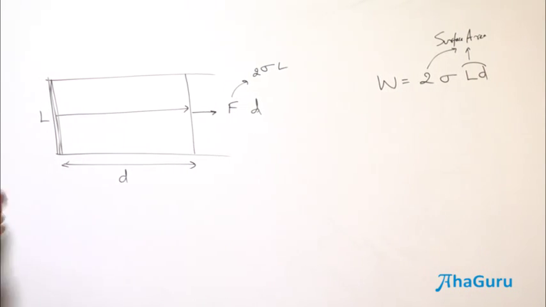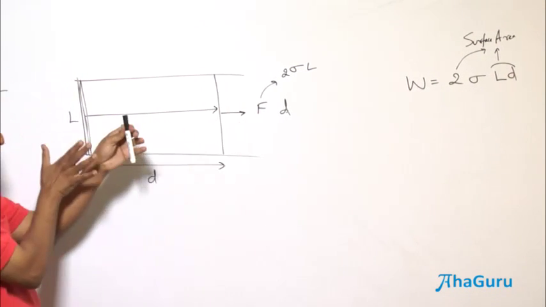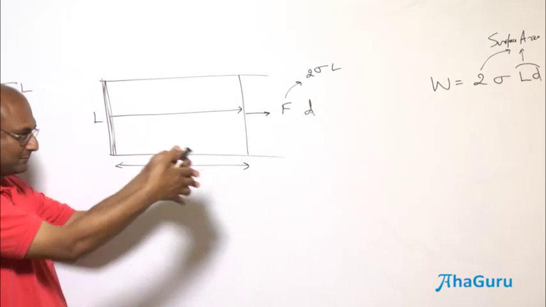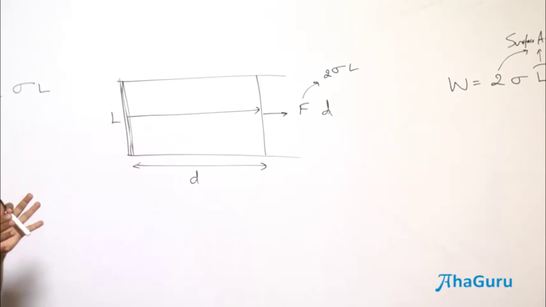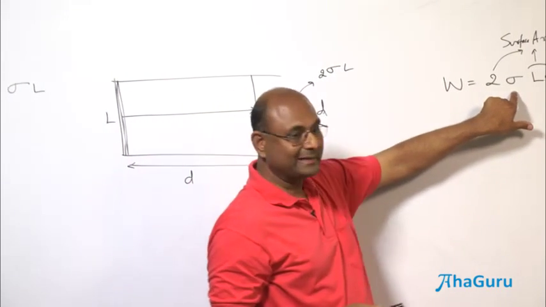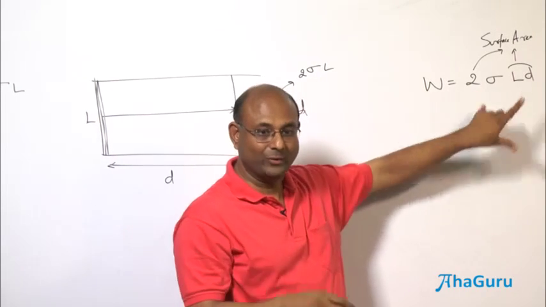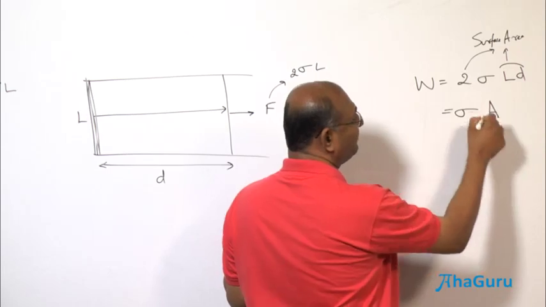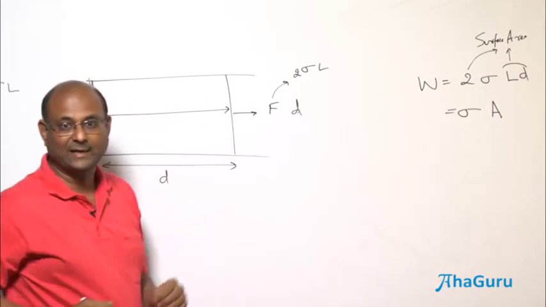In fact, that is what I'm creating. So therefore the work done is sigma times 2LD. 2LD is the surface area created, A.